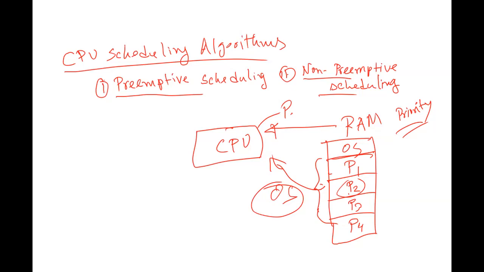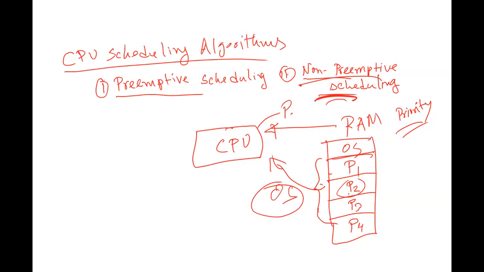Okay, so this is the preemptive scheduling algorithms, and next one is the non-preemptive scheduling algorithms. So what is the non-preemptive scheduling algorithms? The CPU cannot forcefully preempt a process from its running state, even if a higher priority process is available.